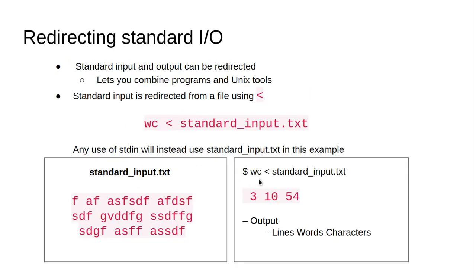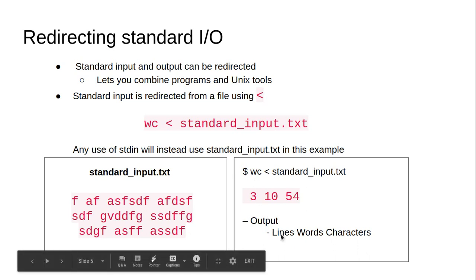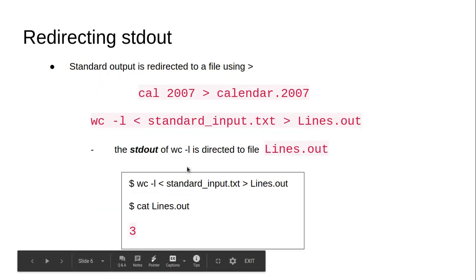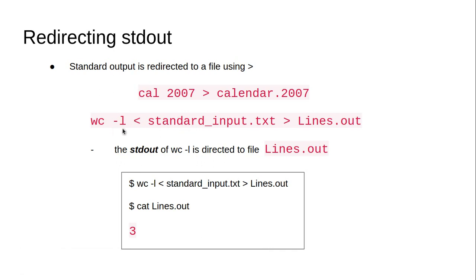The WC command basically counts lines, words and characters, right? If I provide hyphen L explicitly, it will only count the number of lines. Here it is the same file, standard input.txt, and I am counting the number of lines. The output is 3, so I have 3 lines in this particular file.